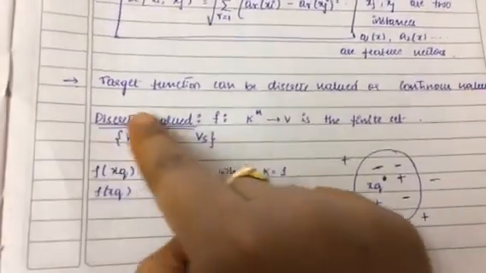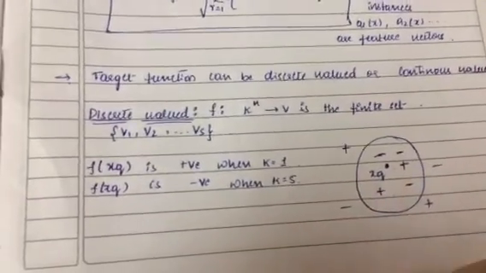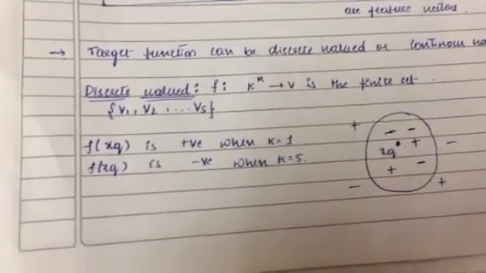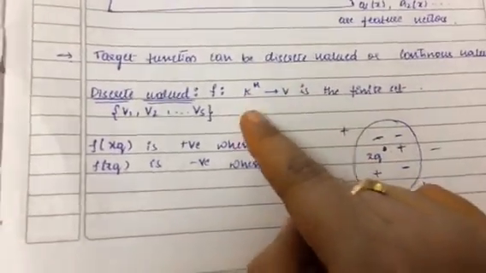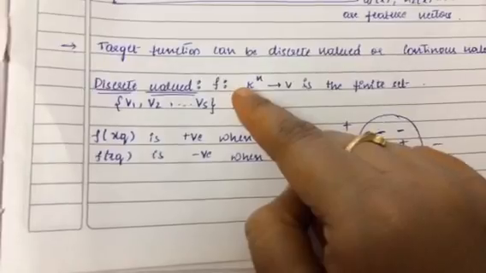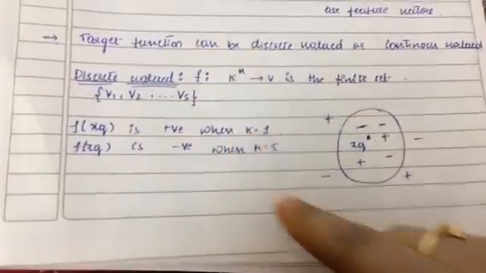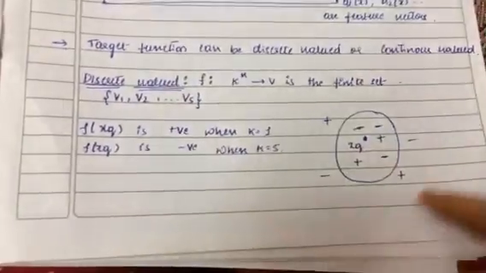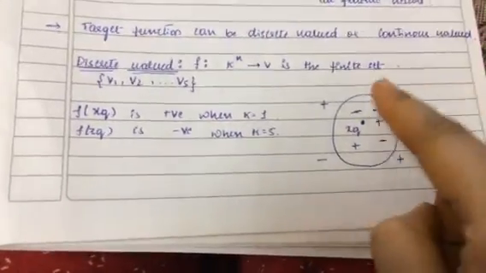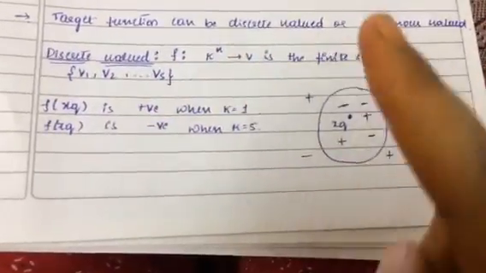If you are considering a discrete target function, you will have a certain boundary, whereas if you consider a continuous function, you have a different shape of boundary. Fine. So R to the power n is nothing but the complete dimension, where R indicates the real values and the power n indicates the dimensionality. As a whole, R to the power n is the complete hypothesis space. Since it is a discrete value, we have considered v1, v2 up to vs. It is a finite set.